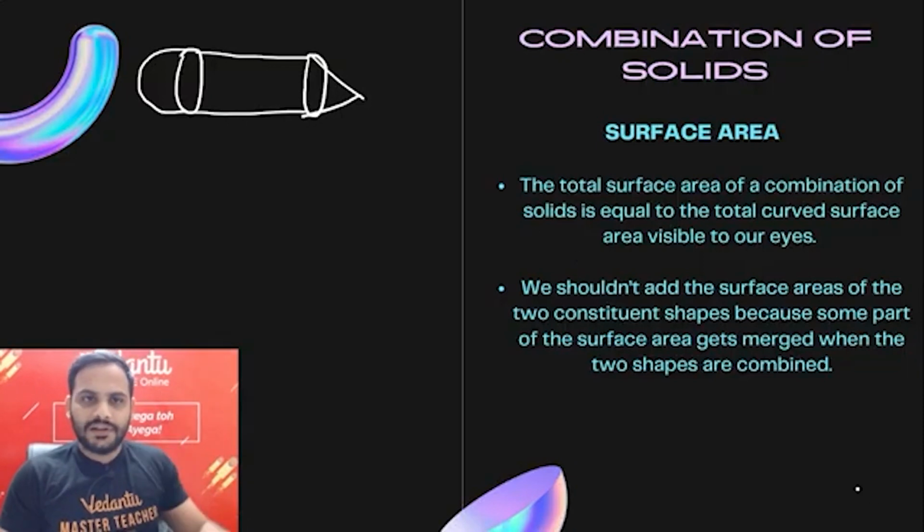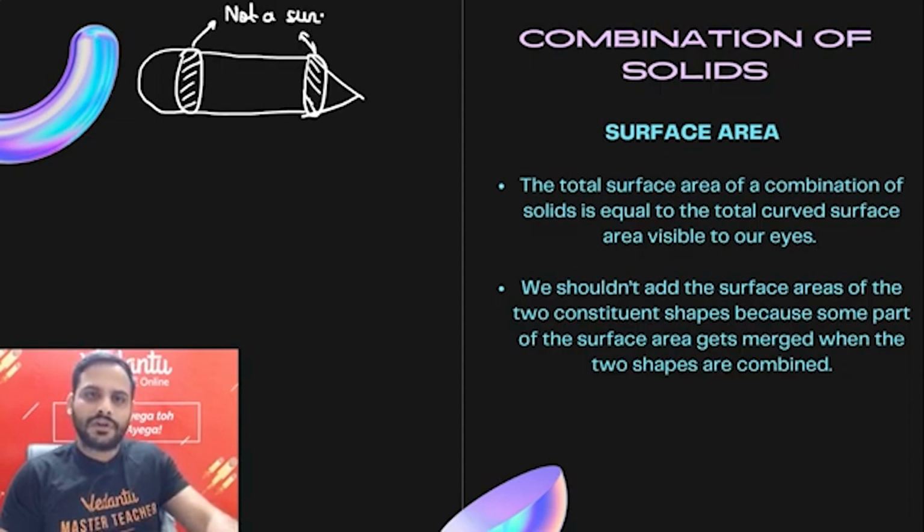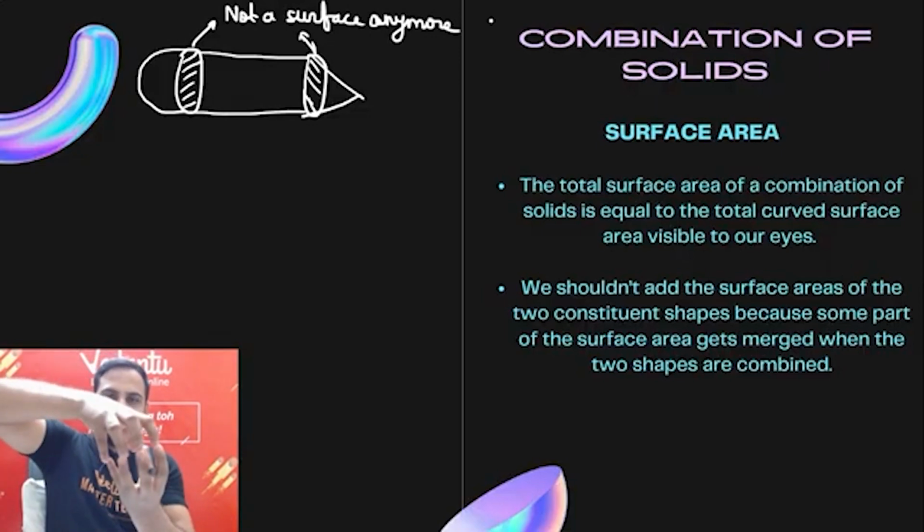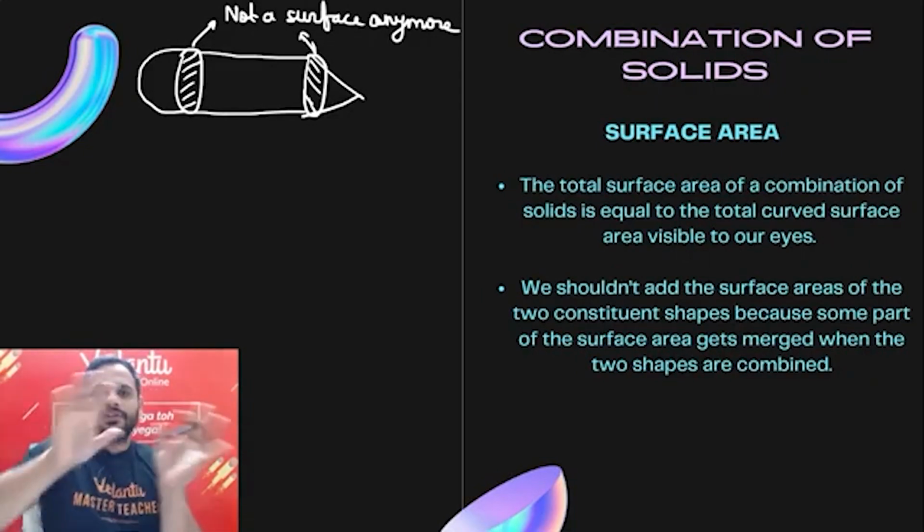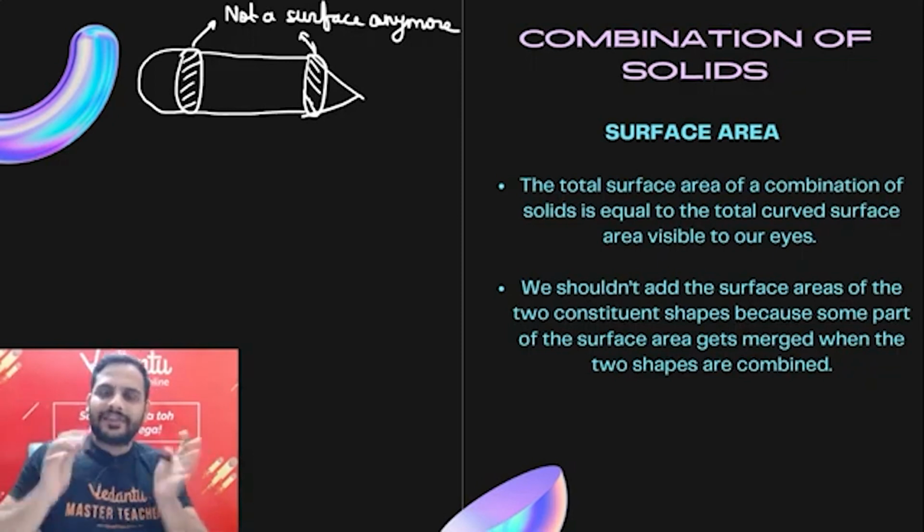These surfaces no longer exist, because when I combine a hemisphere and a cylinder, those surfaces have combined. Now they are inside the solid.